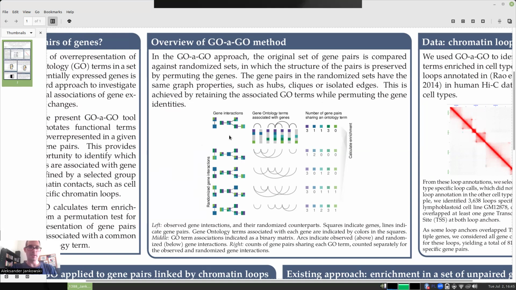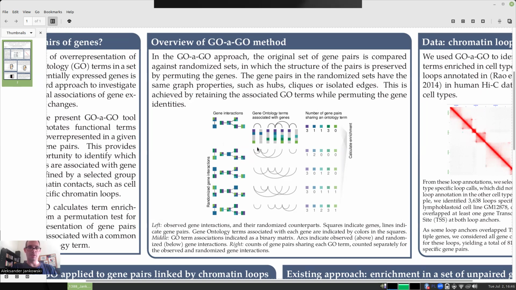And for this, we are permuting the associations between the gene ontology terms and the genes. We do it by taking the nodes in this graph and permuting them randomly. So there are 4 different permutations shown over here, where this set of annotations could go somewhere else in the graph, but we preserve the structure of edges, so things like cliques or hubs in the graph.